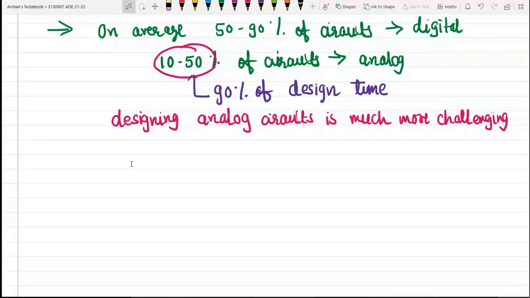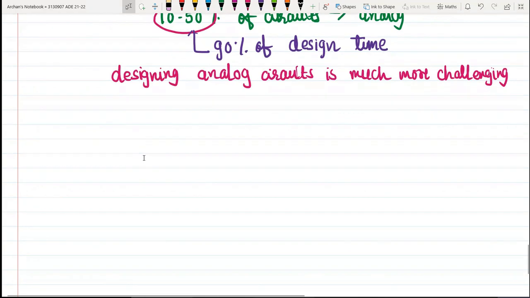But in case of analog circuits, no such standard circuits are present. Okay, each and every component has to be designed individually in case of analog circuits. Okay, and you need to understand the internal working of each and every analog circuit.